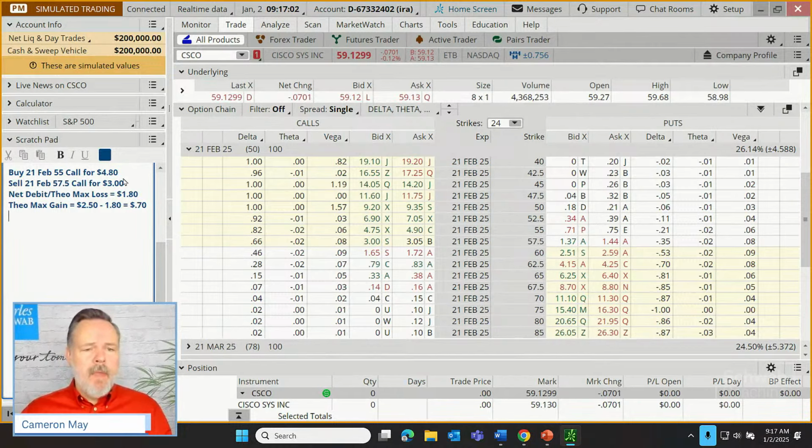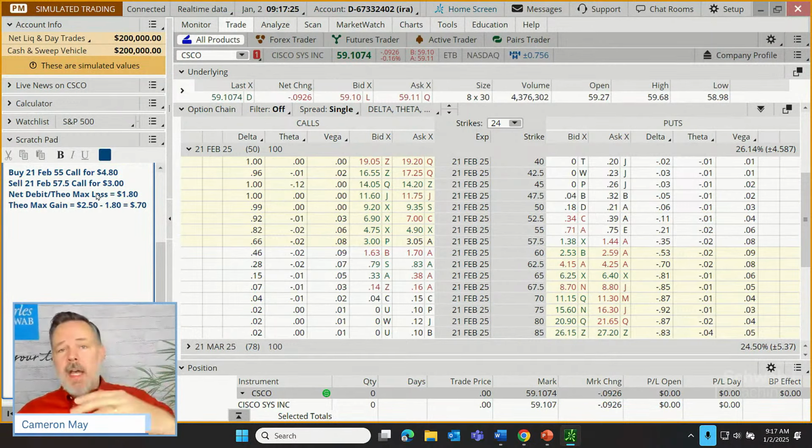So that is one possible trade. Now, what's the likelihood of success on that trade? Well, our trade really just needs to be above 57.50 as we move toward that 21st of February expiration. Look where it is already. It's at 59. It's already over $1.50 above where it needs to be.